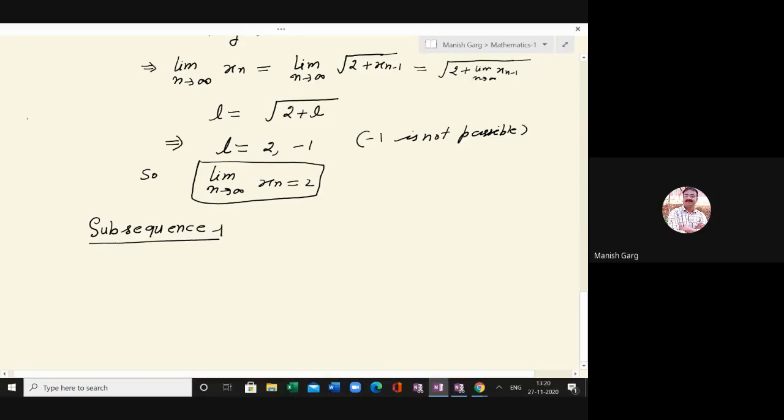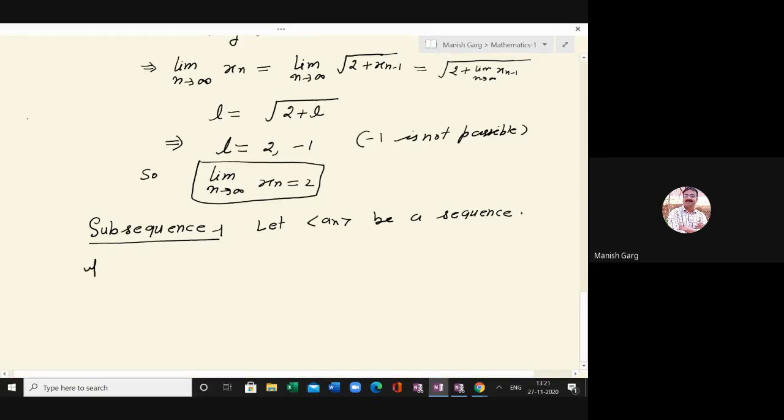Subsequence. What is a subsequence? First read the definition that I am writing. Let a_n be a sequence.